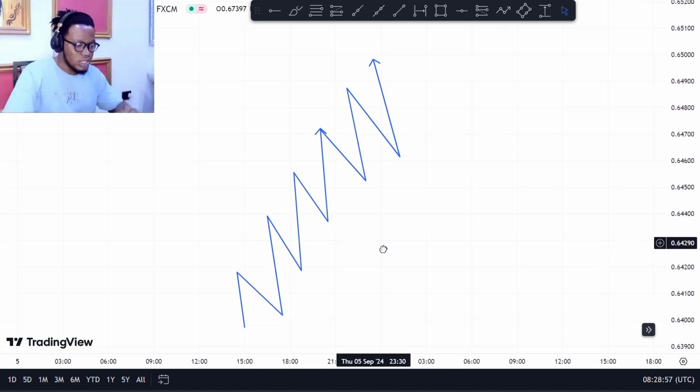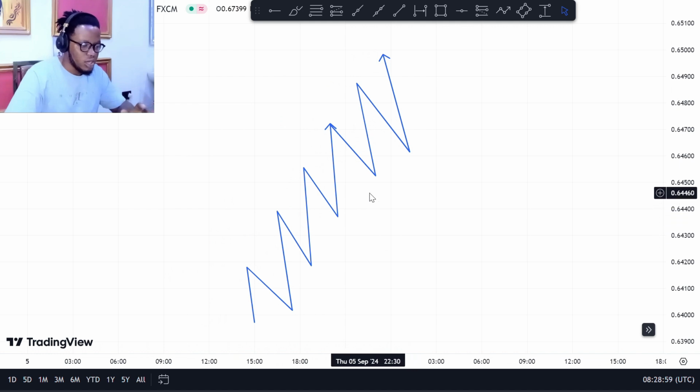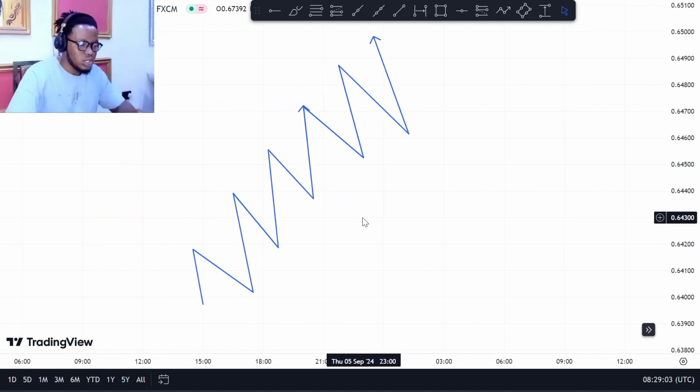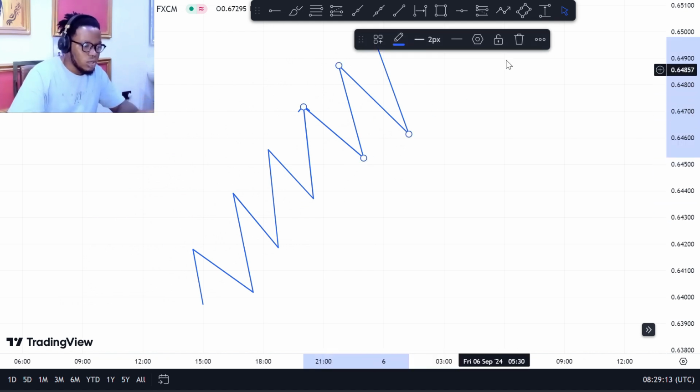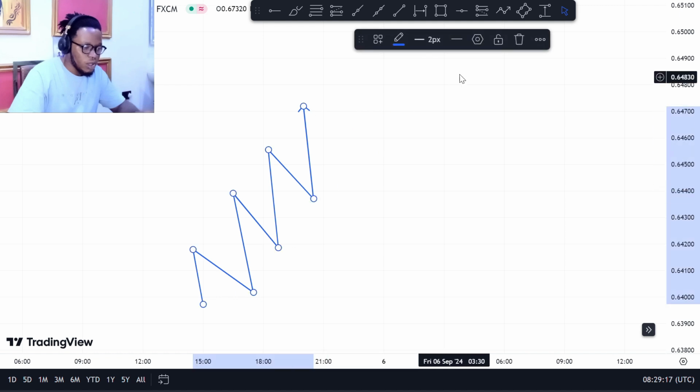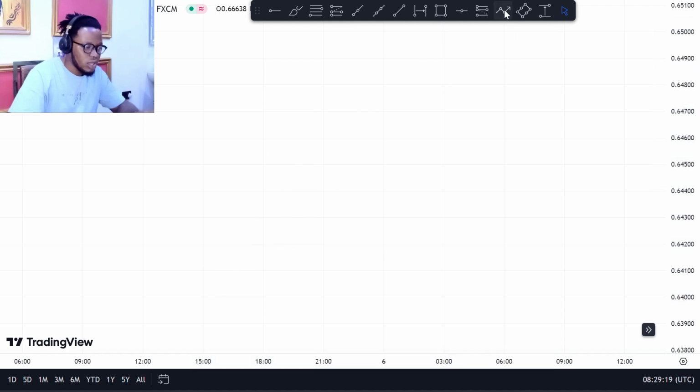Now this is the higher time frame. Let's assume this is the chart. You consider this as the higher time frame. Please pardon my drawing, it might not be so perfect, but I hope you can understand. Let me make it perfect so you can understand me better.